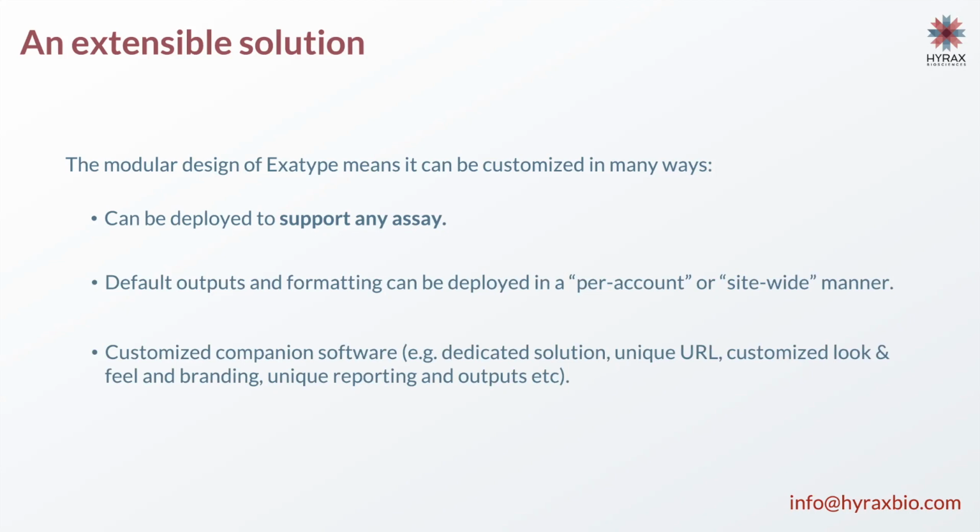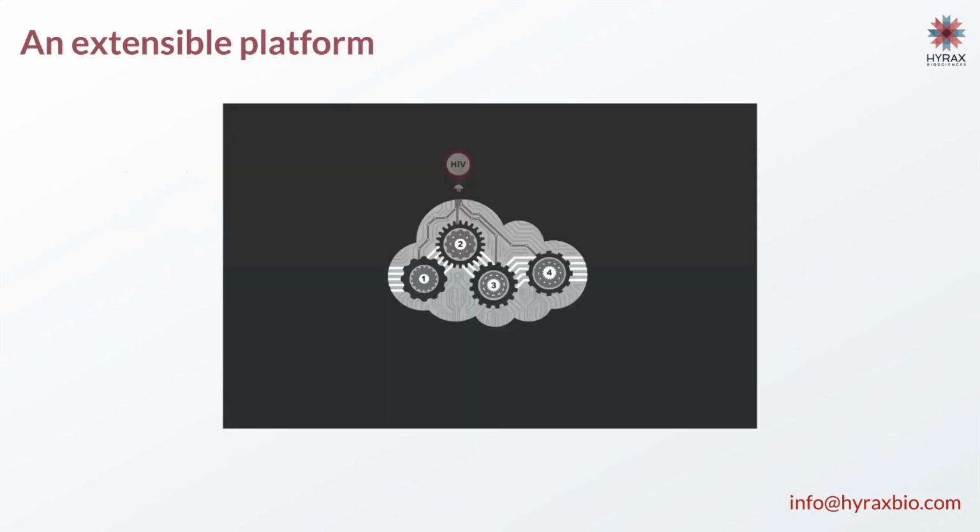And what that means is we support their assay, but we can also do customized URLs, a dedicated solution for a particular assay, a customized look and feel, branding, unique reporting, etc., and outputs. So while you've seen our public front-facing solution, there are other alternatives and other options in terms of how we can deploy our software as companion software.